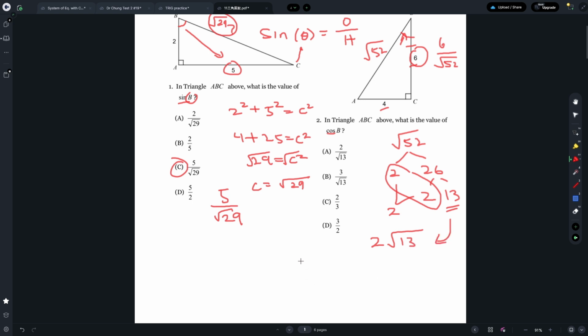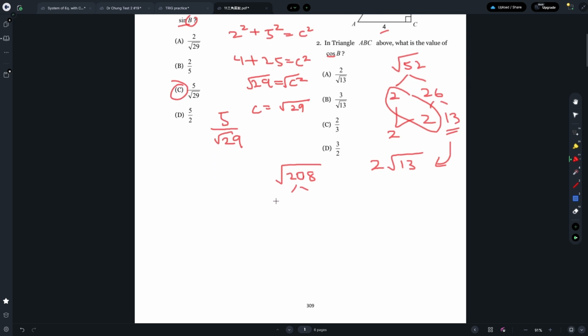And let's say, for example, if we had 208, and we did that, 2, 104, 2, 52, 2, 26.